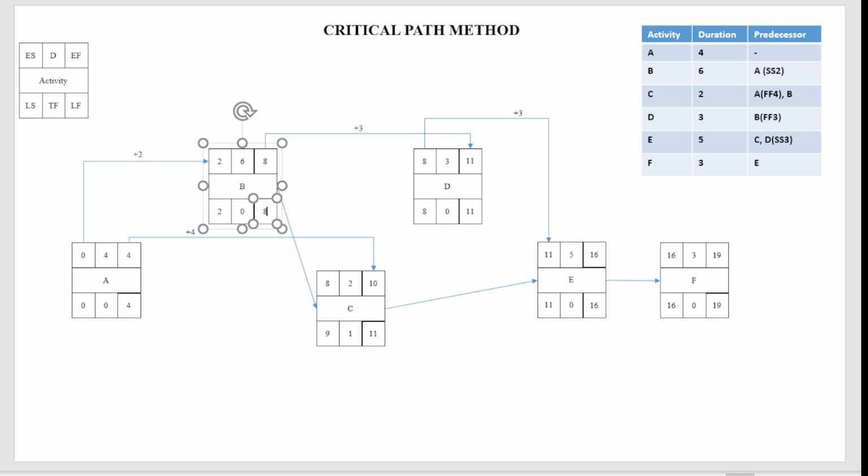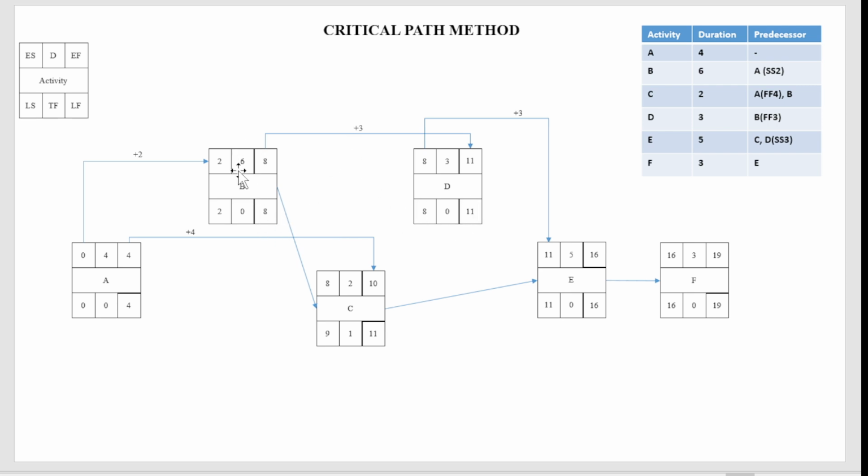So it was finish to finish 3, now minus 3, means 11 minus 3 will be 8. It looks like I just transferred 8 to here, but technically the calculation was 11 minus 3 is 8, because the relation is finish to finish, not finish to start.